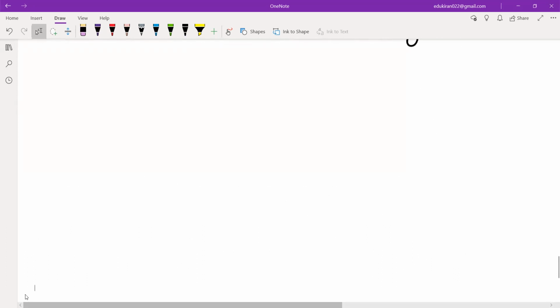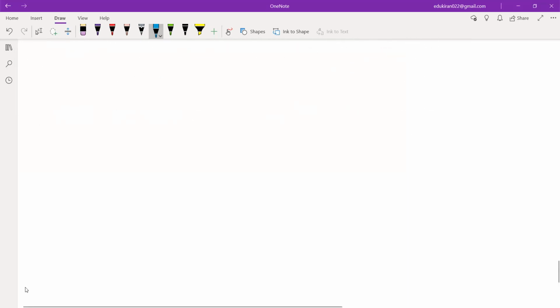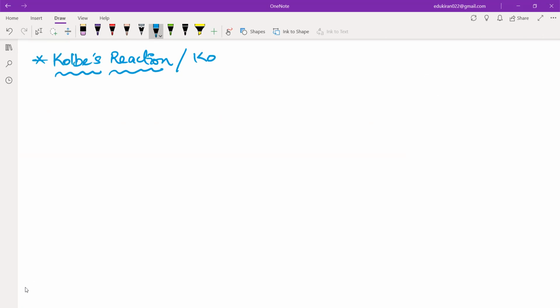So right next, Kolbe's reaction, or Kolbe's electrolysis. This is also with carboxylic acid. This is also known as Kolbe's electrolysis. So first of all, let us write the statement.